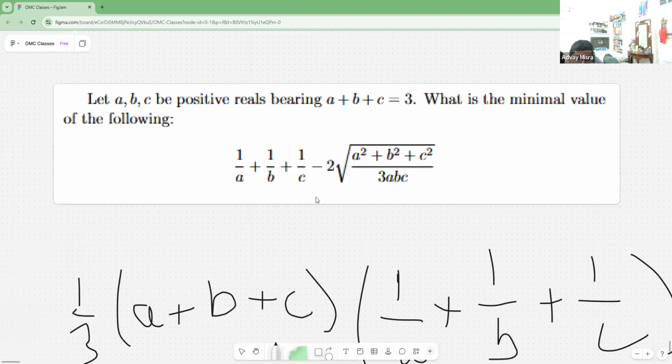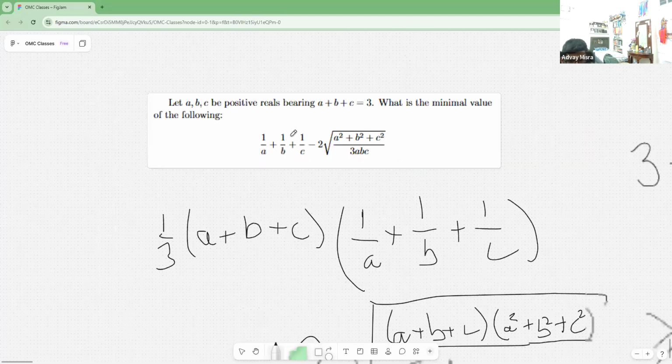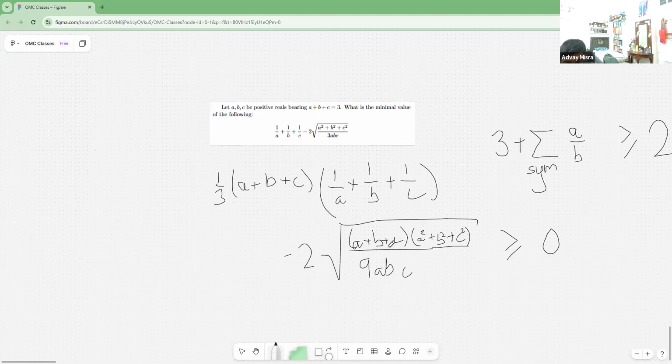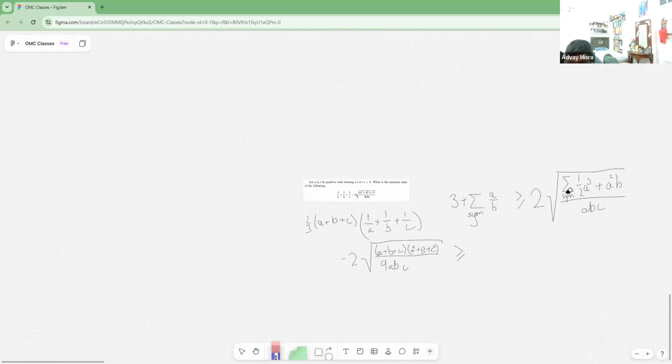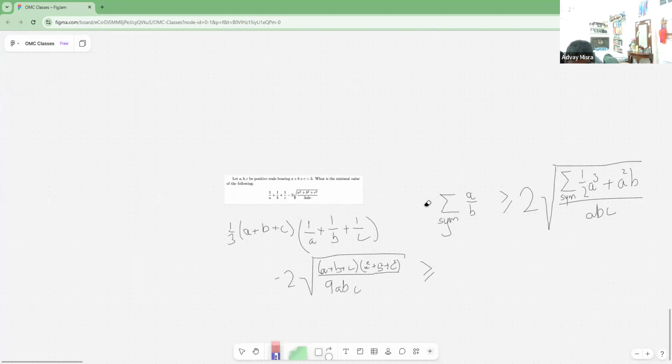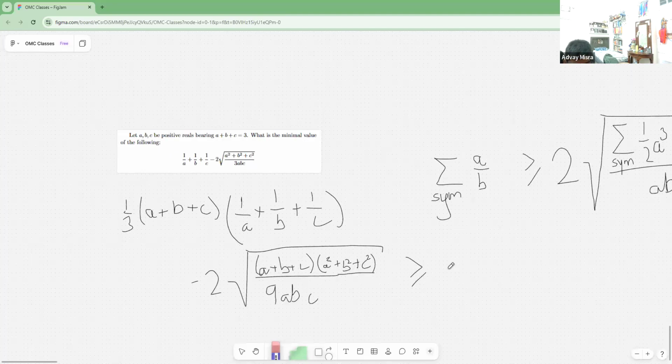Sorry, okay, hold on just a second. Yeah, so if you set A equal to B equal to C. Also, thank you to the person who pointed this out. So let's say that this is greater than or equal to k.